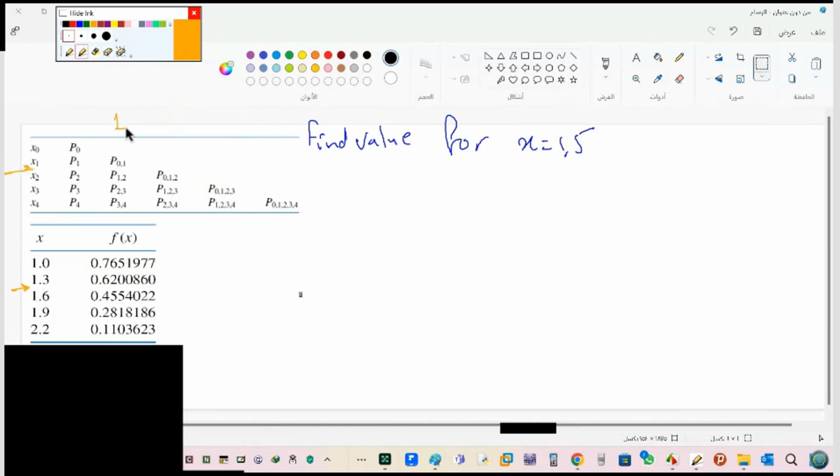So for degree 1, 2, 3, 4. For degree 1, this is the value. Where is 1, 2? This 1, 2. For degree 2, this or this. For degree 3, this or this. Where is 1, 2? 1, 2 here. For degree 4, it's this one. Which one is more accurate? Absolutely 4, then 3, then 2, then 1. Any question about this?